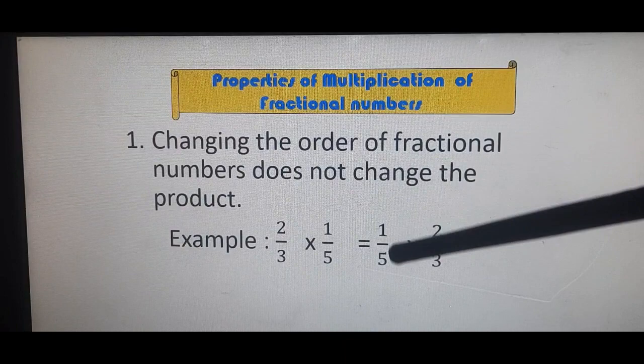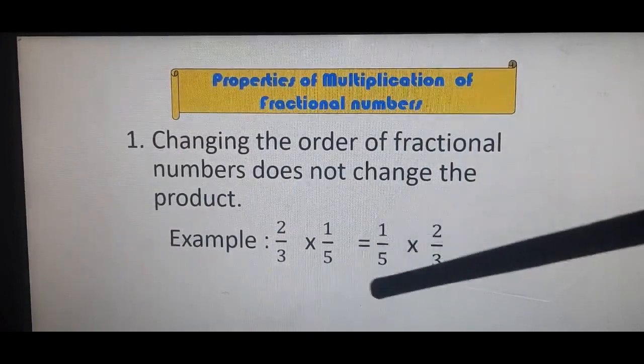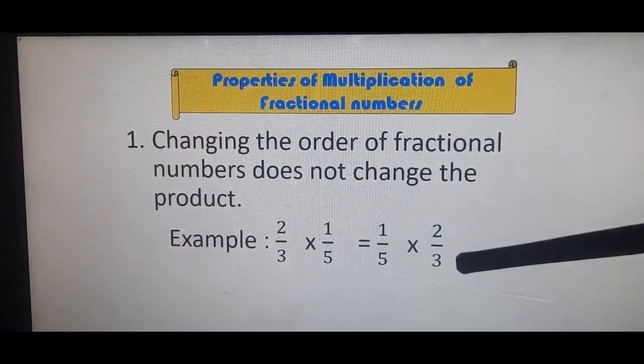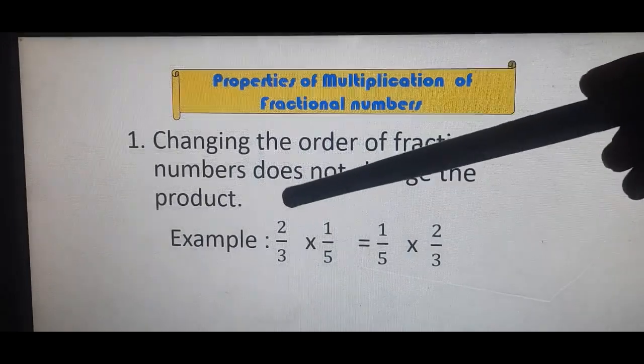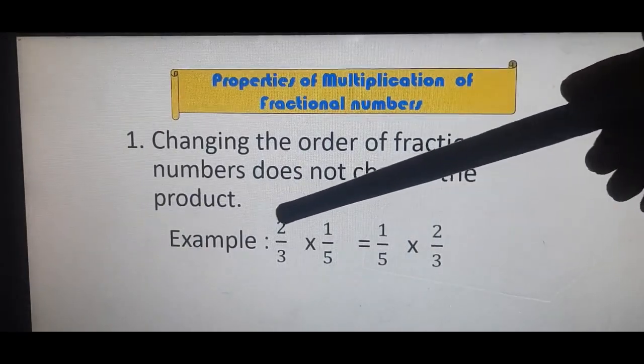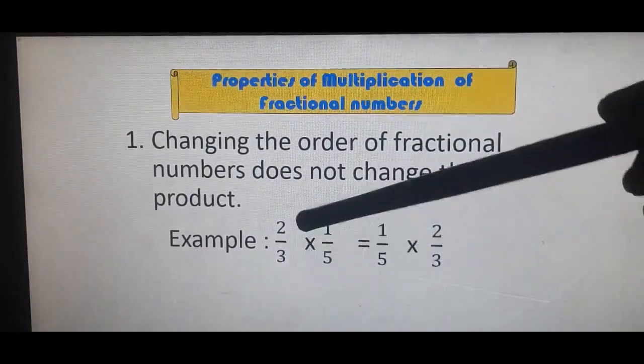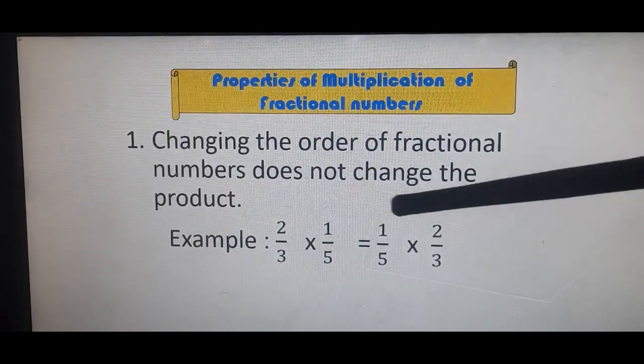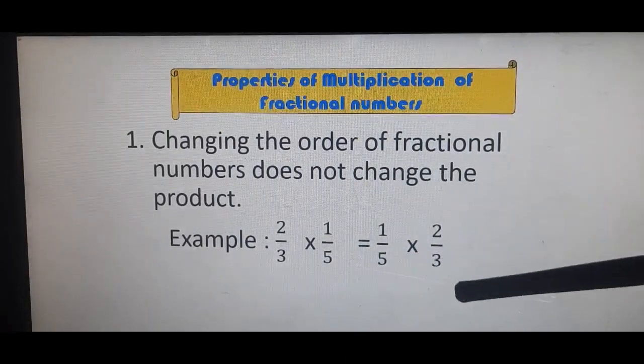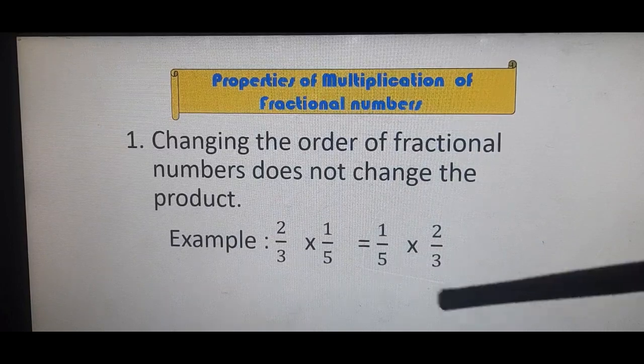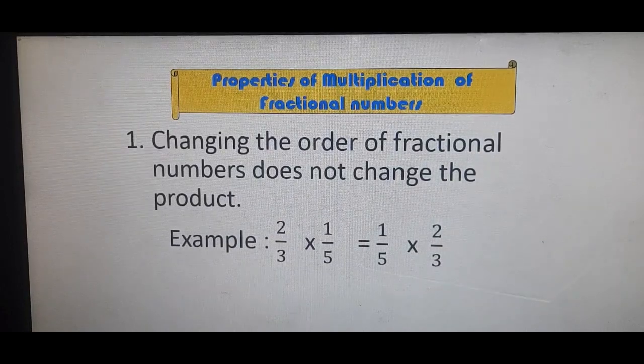Now we have changed the order. 1 upon 5 is taken as the first fractional number and 2 upon 3 as the second fractional number. Now the product on the left side: 2 1s are 2, 3 5s are 15, 2 upon 15. And on the right side, 1 2s are 2, 5 3s are 15. Again 2 upon 15. So the product has not changed.